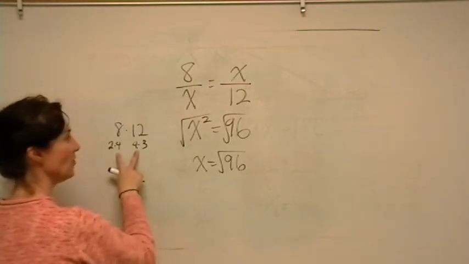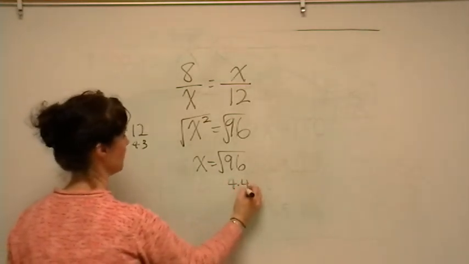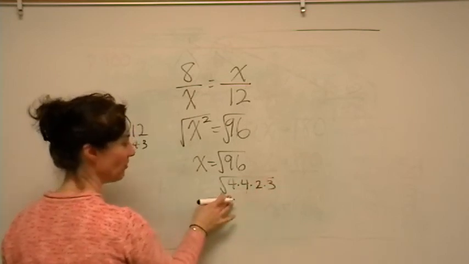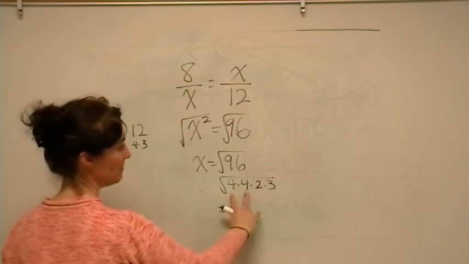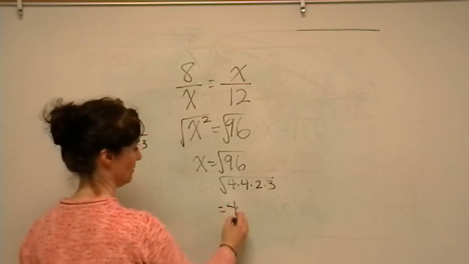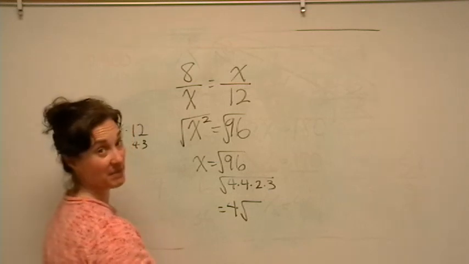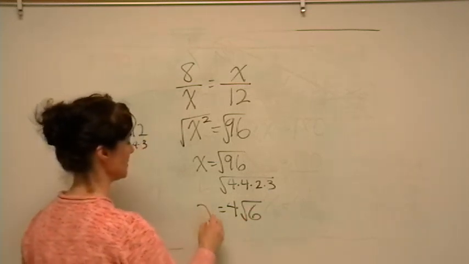And so we know that 4 can come out as 4 times 4. So we have 4 times 4 times 2 times 3. And when we pull the pair of 4s out, it becomes 1 4 on the outside of the radical. Because 4 times 4 is 16. What's the square root of 16? 4. And then on the inside, we still have 2 times 3. Since it's not a pair, we can't take it out, so we get square root of 6. 4 times the square root of 6.